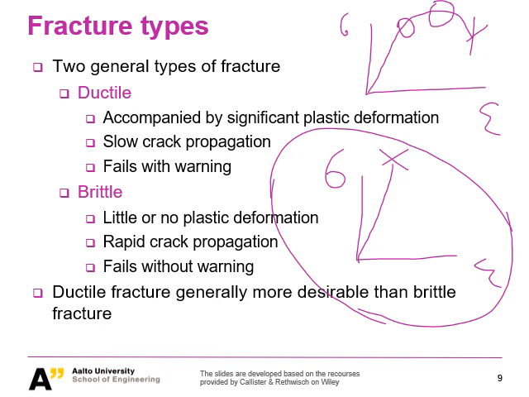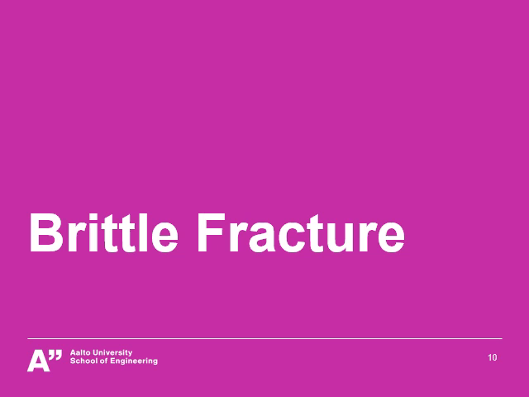Of course, the most desirable thing is not to have any fracture. But if this is not avoidable, we prefer ductile fracture over brittle. As brittle fracture is such a significant and detrimental failure type, let's first dive into brittle fracture and see what is going on there.